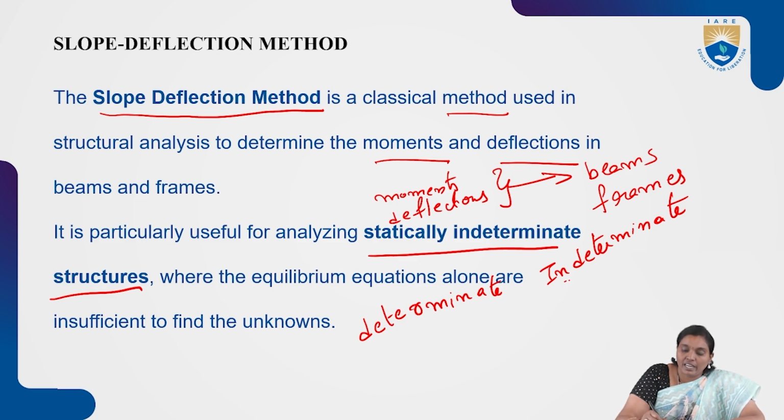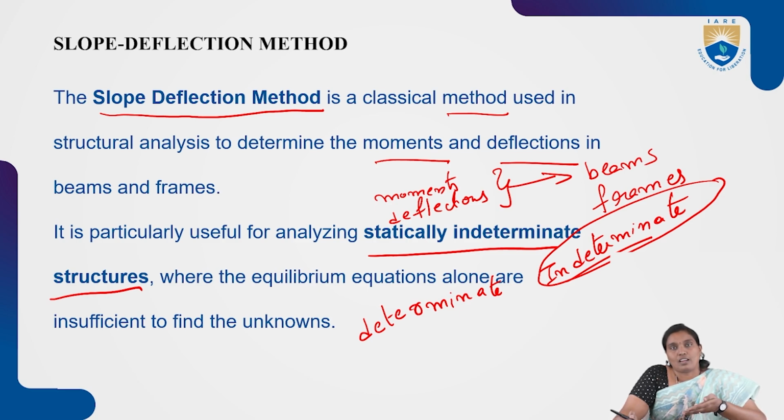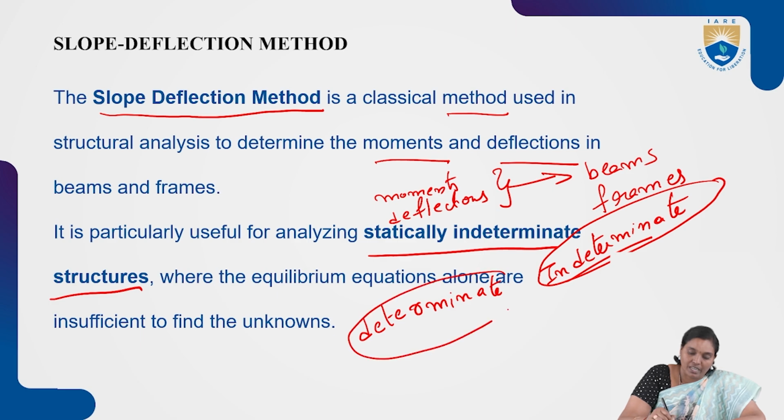In indeterminate structures, to know about the unknown things involved in that particular element, those equilibrium equations are not enough. We require some additional parameters. Such structures at the time of structural analysis are the indeterminate structures. Whenever equilibrium equations are enough to know the unknowns, that is known as a determinate structure.